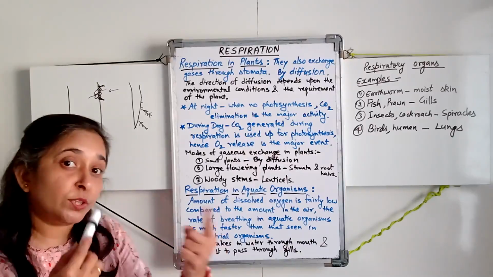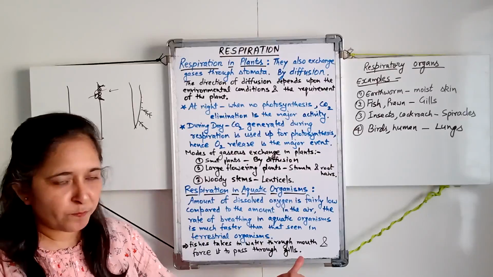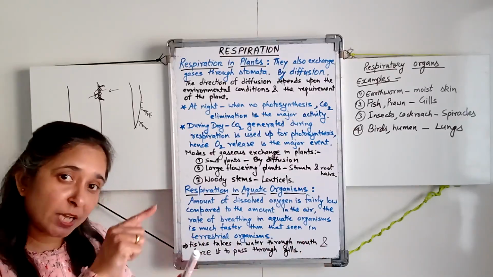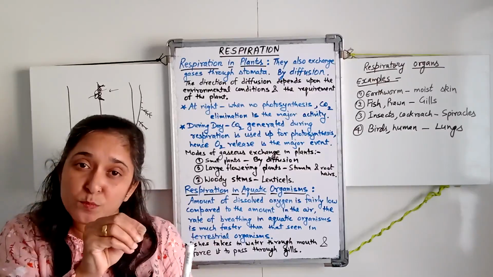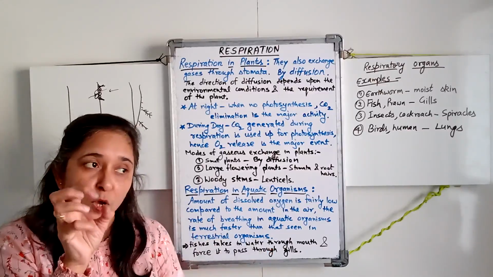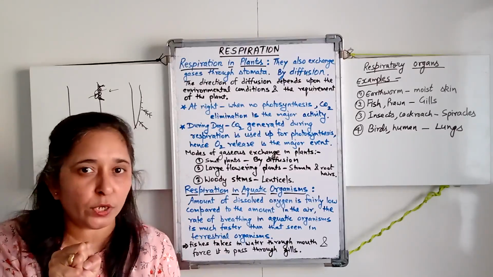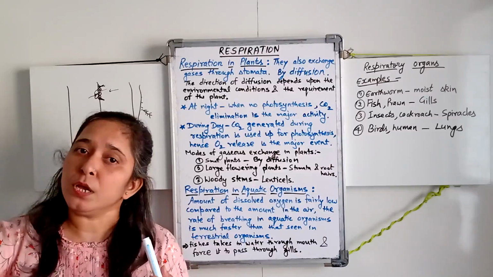Now, how do they exchange the gases? Fishes take in water through the mouth and forcefully pass it through the gills. When it passes through the gills, at the same moment the fishes absorb the dissolved oxygen from the water and use it up, and the rest of the water comes out from the body.